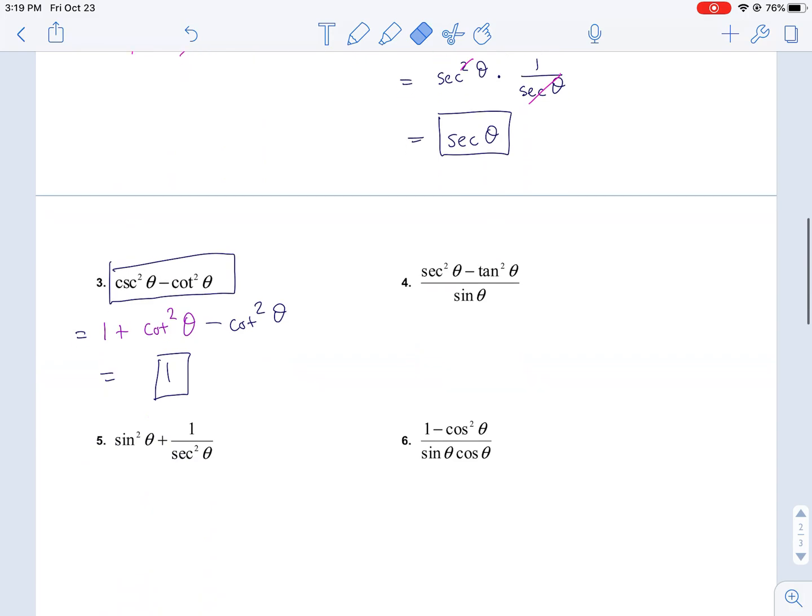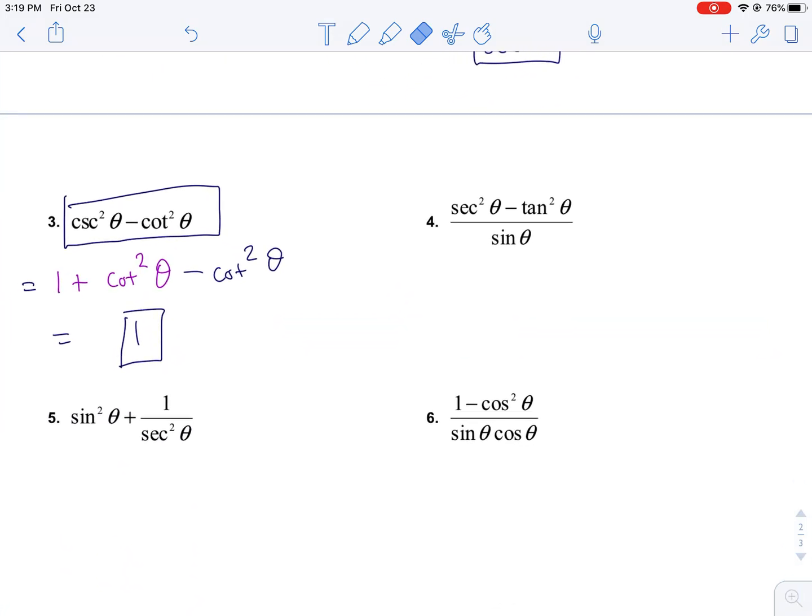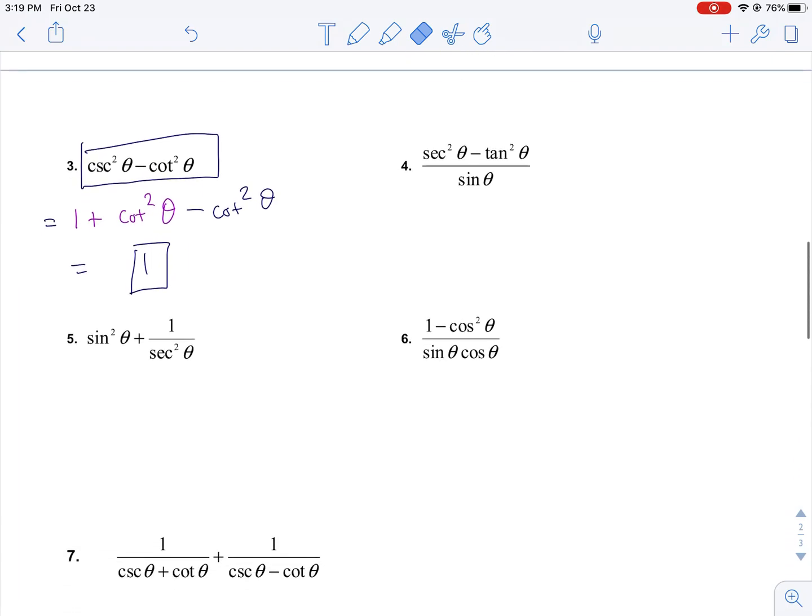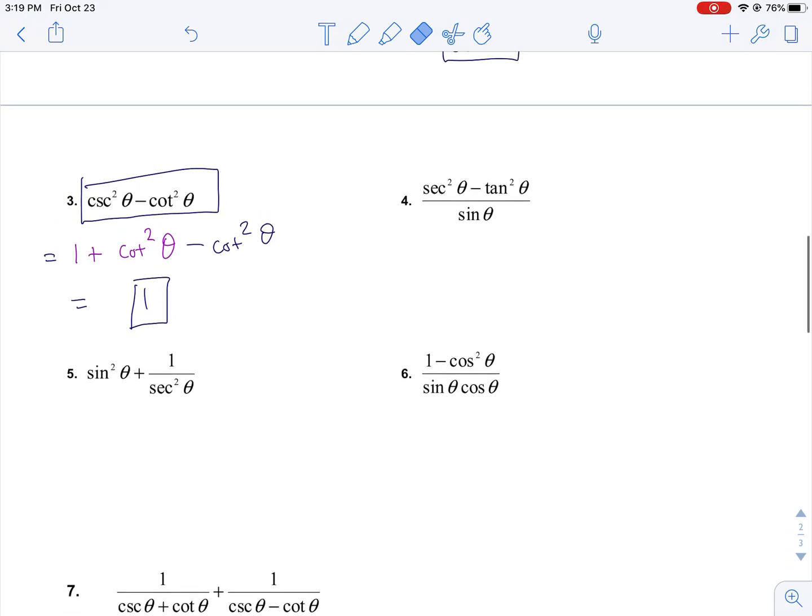So that's how it works here. If you look at number 4, I got secant squared minus tangent squared. Well, I already have an identity, and I'll write it here on the side: 1 plus tangent squared equals secant squared.